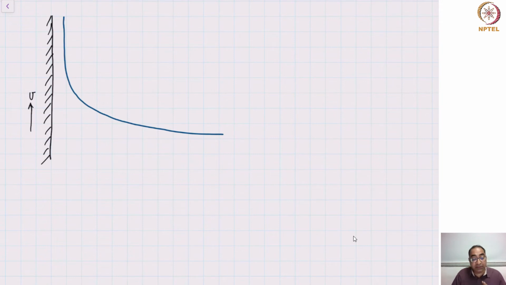Now you can think of dividing this interface into a few small parts or different regions. So let's first look at the region where the dashed orange curve is what you can call as the static meniscus. Why is it a static meniscus?